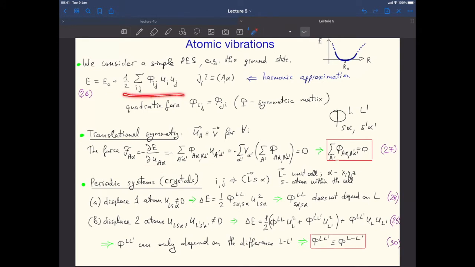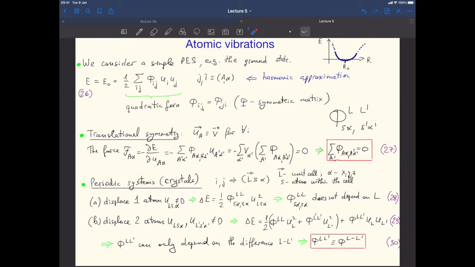And if you differentiate this quadratic form, you will get this linear term. So that force should be equal to 0 for any atom. On the other hand, if all the displacements are the same and equal to V, you can take them out of the sum and you arrive at that expression. And because the displacement can be arbitrary, that sum here should be 0. This is what our first property is.